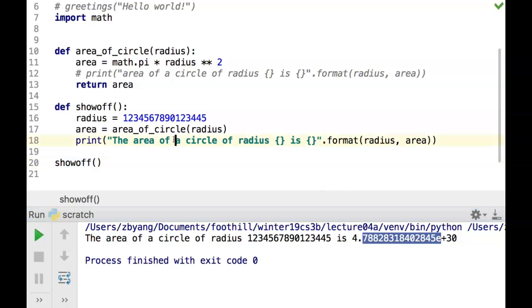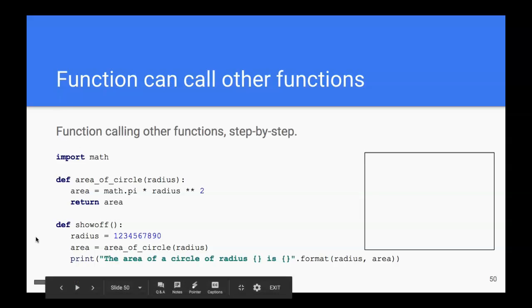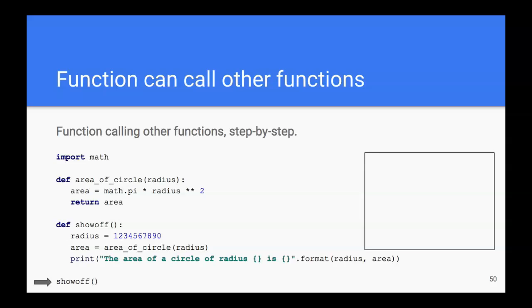As you can see here, we call a function that we define ourselves, and then inside that function we call another function that we defined ourselves. And if you want to step through the code to see how it works, this is pretty similar to what we had before. Show off comes to the first line of show off first, and then it comes to the second line.